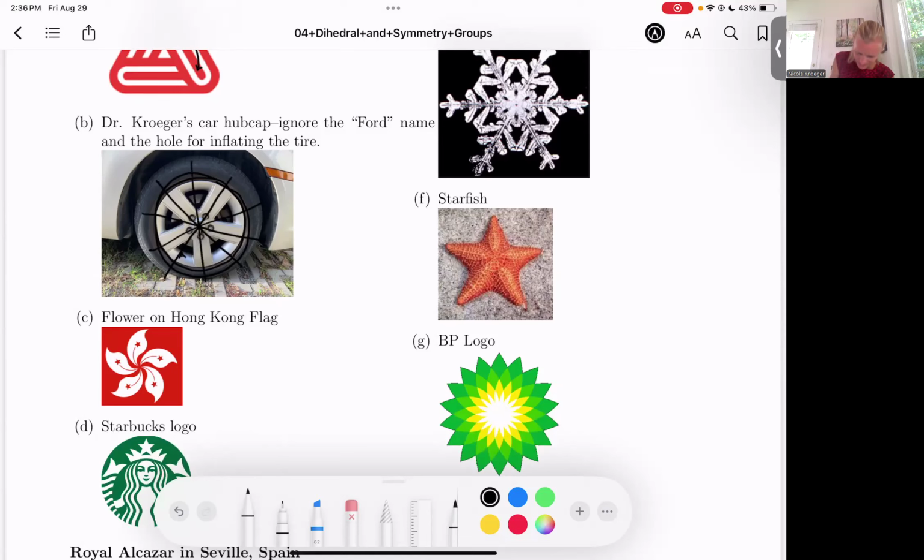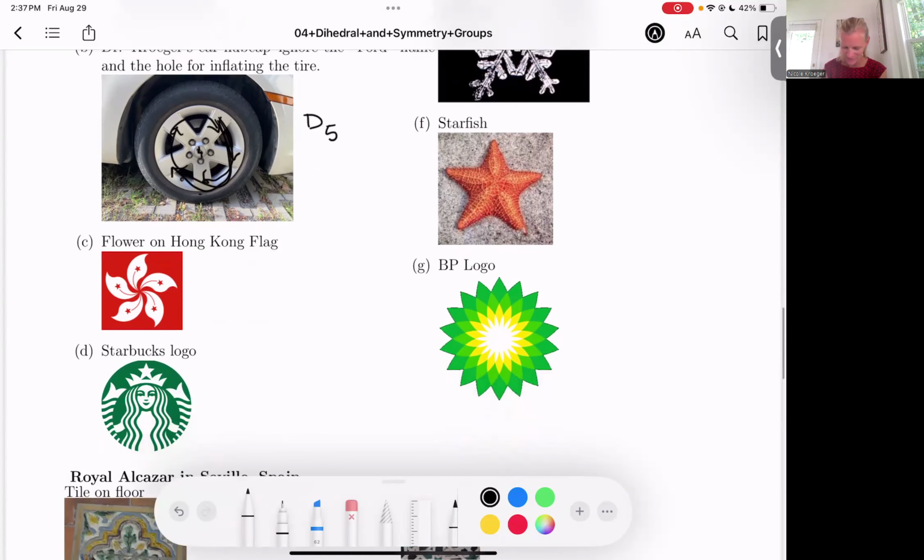Oh, and I'm missing one here. So I have one, two, three, four, five reflection lines. And then rotationally, I can rotate by this amount, by this amount, this amount, this amount, and one more. So I also have five rotations. So I have five reflections and five rotations. So D5 would be the symmetry group for that one.